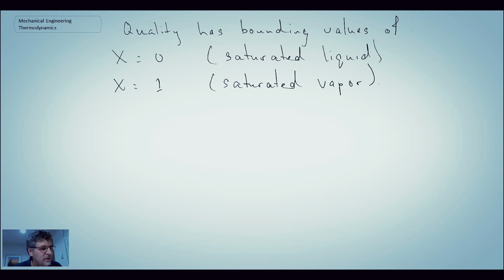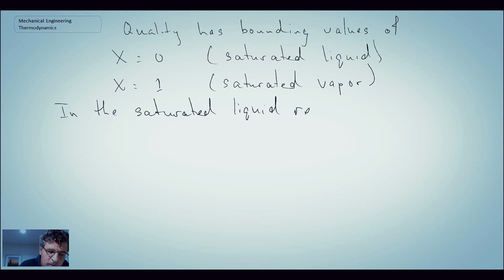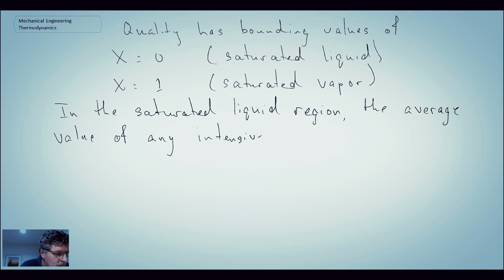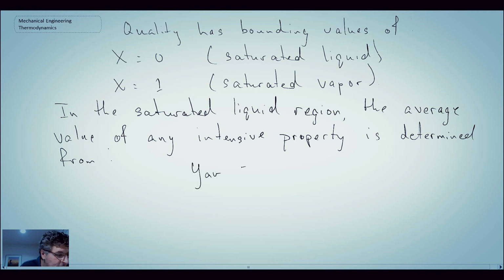So if we're in the two-phase region, what we do is compute the average value of a property.